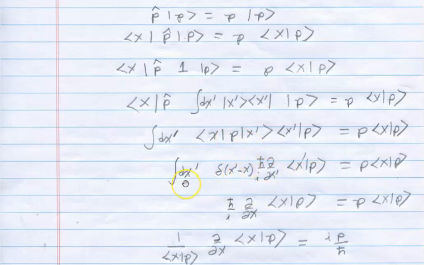Then I can do this integral because I've got this nice Dirac delta function. The integral of a delta function just says everywhere x prime is integrated, I just substitute x. So this whole expression just becomes substituting x for x prime, h bar over i, with x prime going to x in this expression.